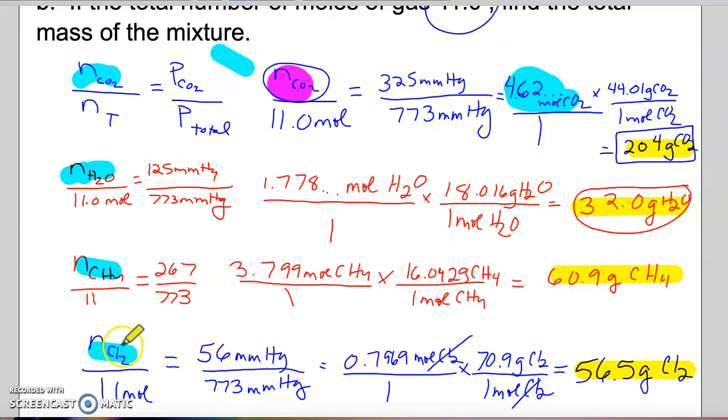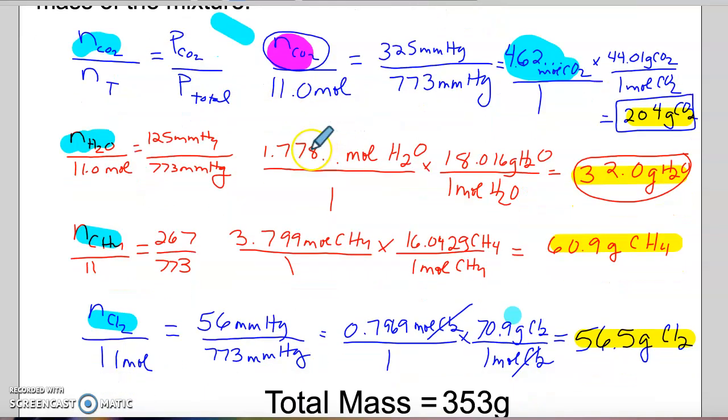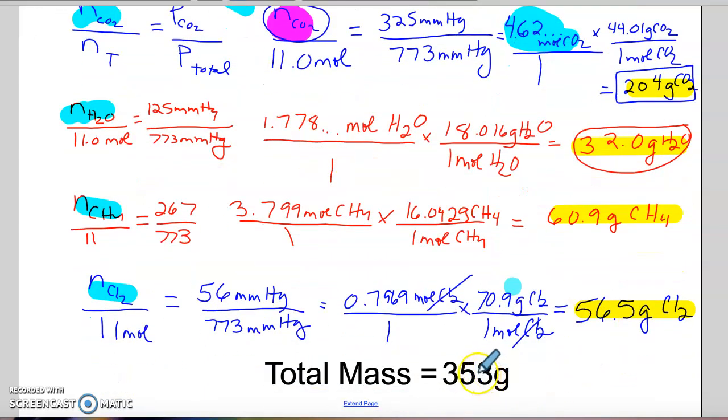And similarly, once I get the moles of chlorine, I'm going to use the molar mass of chlorine. Notice it's diatomic, and that'll give me the grams. So to finish the problem, you just sum together all of these masses to give you the total mass of the mixture, which is about 353 grams.